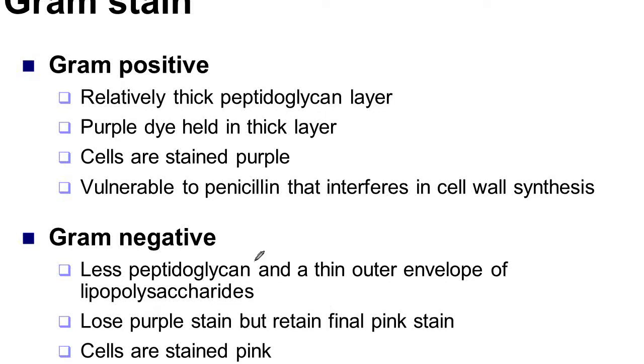However, in addition to the thinner peptidoglycan layer, they have a thin outer envelope of lipopolysaccharides, which helps them to resist penicillin. So you have to use other antibiotics to treat gram-negative bacteria. So you will not get penicillin to treat your stomach ulcer because your stomach ulcer will be caused by a proteobacterium, which is gram-negative.